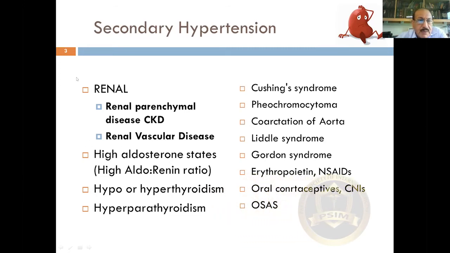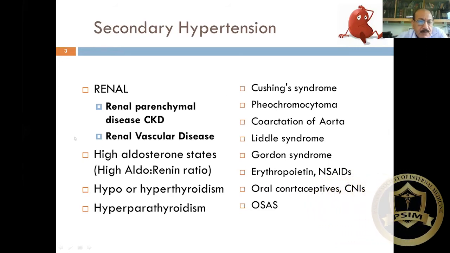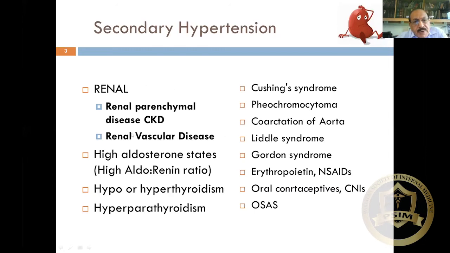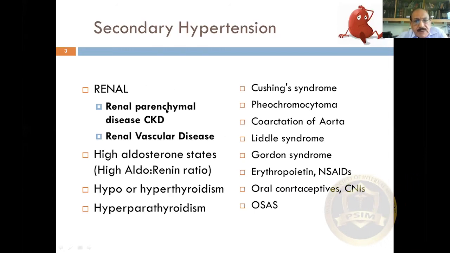If you were born with a smaller number of nephrons, you are likely to develop essential hypertension. But obviously, renal vascular disease and renal parenchymal disease, these are the two areas where we must always exclude some pathology that is treatable or potentially treatable, and then prevent the damage from going on.